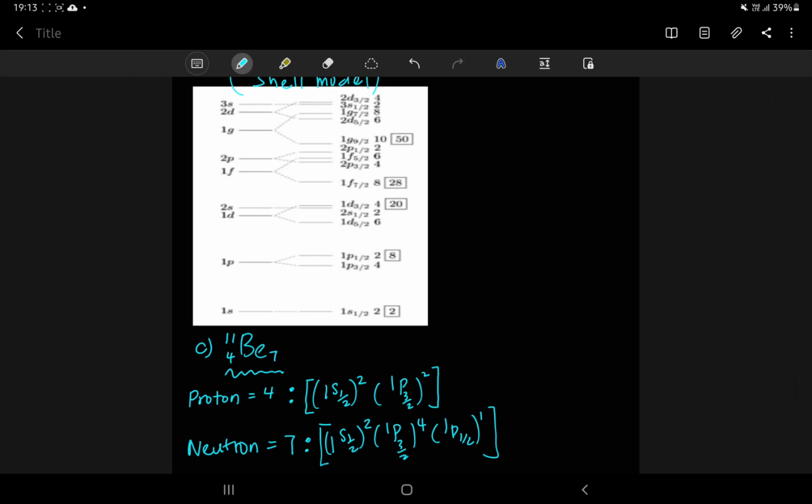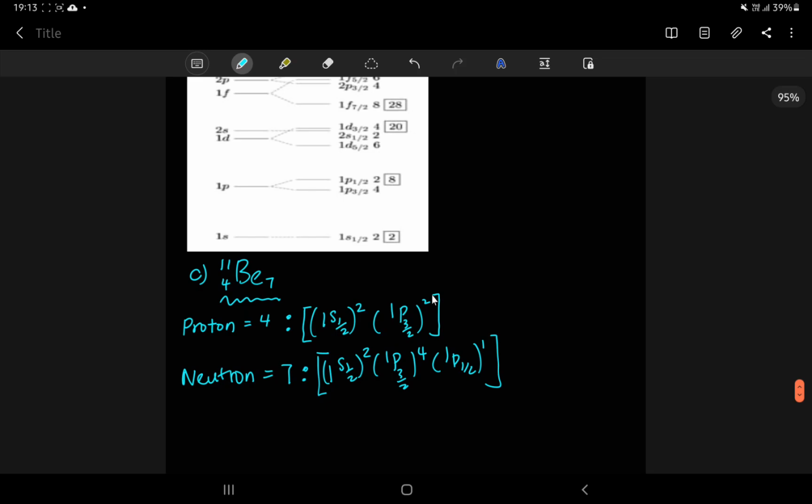So what is the parity of the proton? Okay, so this is because it is the S subshell.